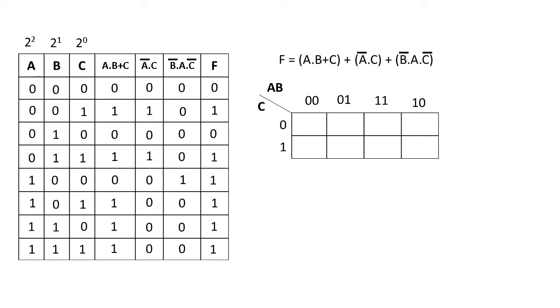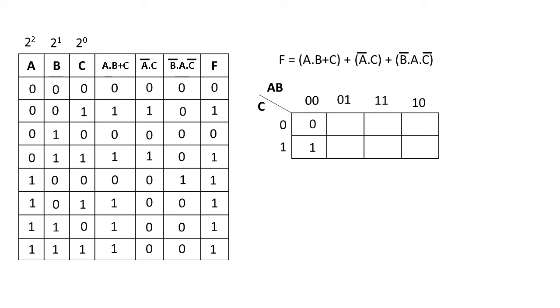Where should we put the 0? In the position where the value of A B C is given. A B C all are 0, so the function value 0 will be put here. Now the second row A B C, that is 0 0 1, the function value is 1, so we put 1 here.